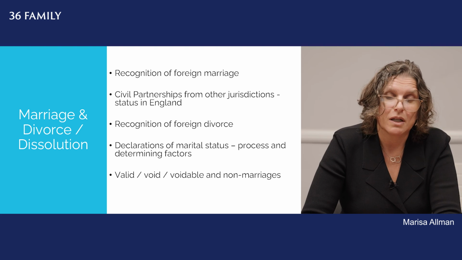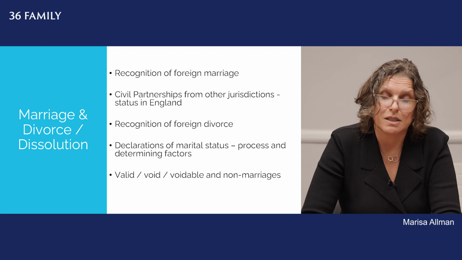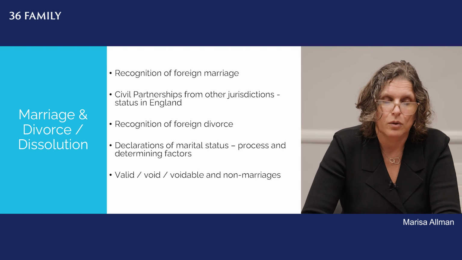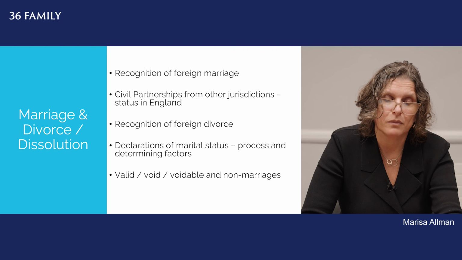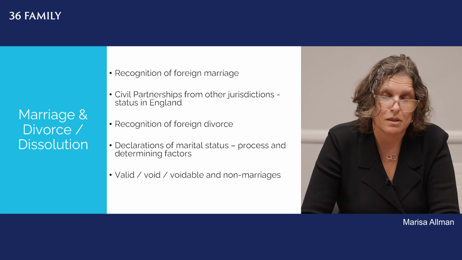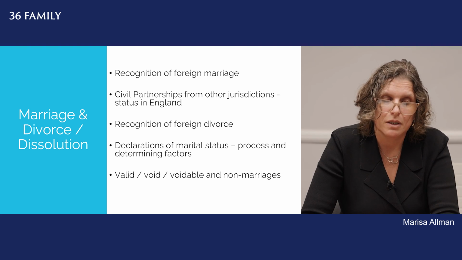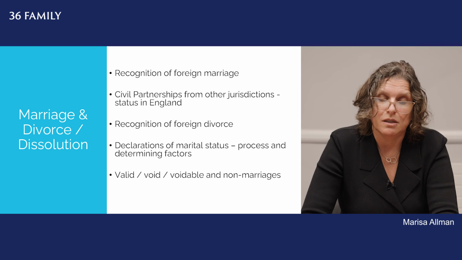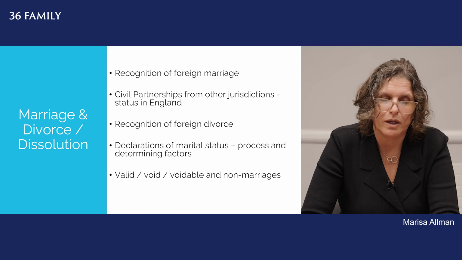The particular types of declarations that a court can make are a declaration that the marriage was at its inception a valid marriage, or a declaration that the marriage subsisted on a date specified in the application, a declaration that the marriage did not subsist on a date specified, a declaration as to the validity of a divorce, annulment or legal separation obtained in any country outside England and Wales, or a declaration that the validity of a divorce or annulment or legal separation is not entitled to recognition in England and Wales.